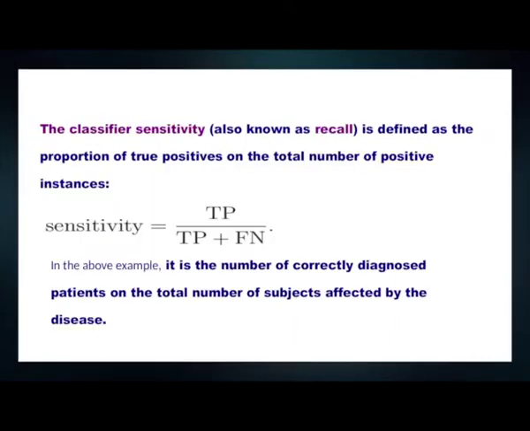The classifier sensitivity, also known as recall, is defined as the proportion of true positives out of the total number of positive instances. Sensitivity equals TP divided by TP plus FN. In the above example, it is the number of correctly diagnosed patients out of the total number of subjects affected by the disease.